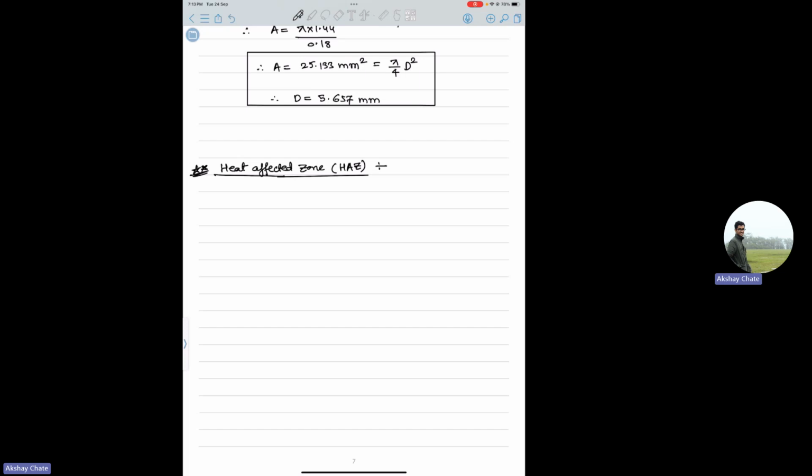You must have seen in the class only. This figure was, one second, I just thought.